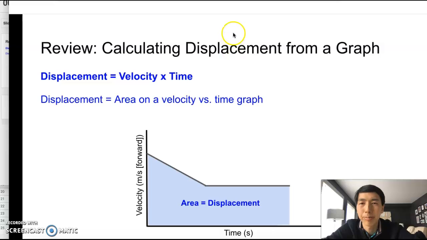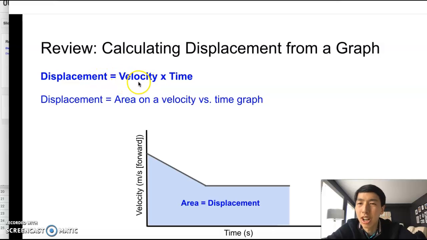So in Unit 1, we could actually calculate displacement from a graph. We had a formula for velocity. Velocity equals displacement over time. And when you rearrange that, you can get displacement equals velocity times time.